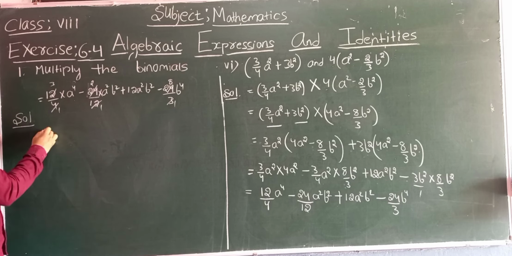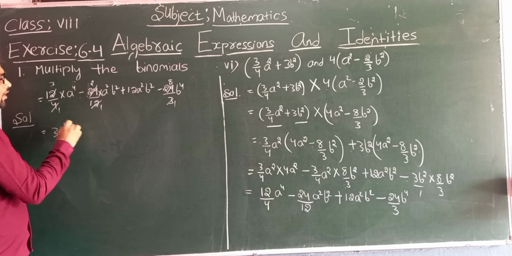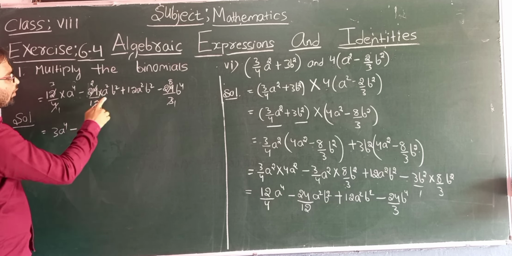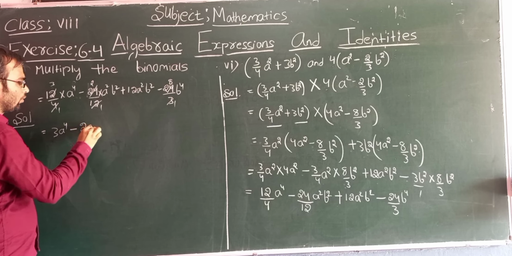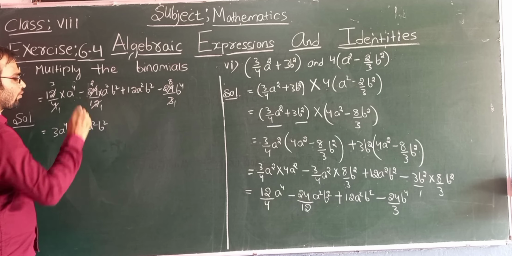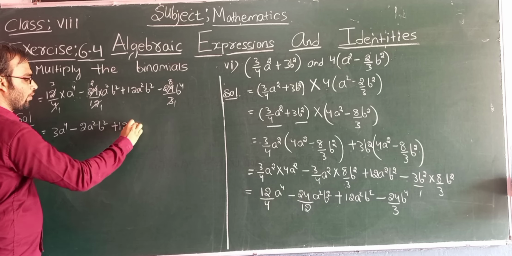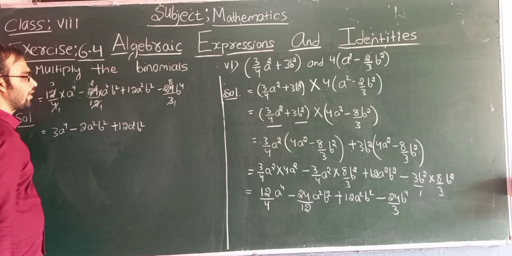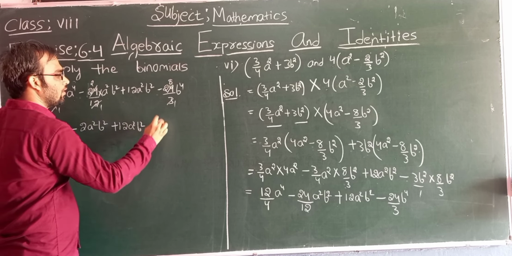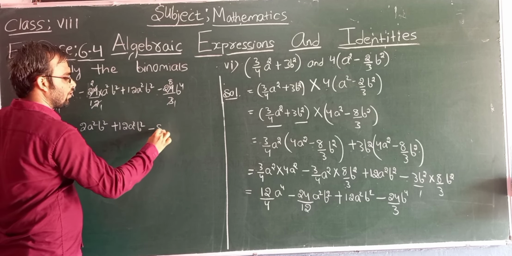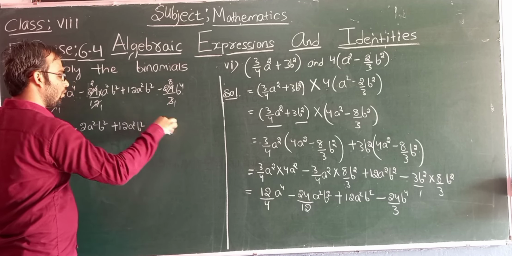So now I will rewrite this. 3 a to the power 4. Next, minus is there, so write minus 2 a square b square, and this one plus 12 a square b square. Next here minus 8 b to the power 4.